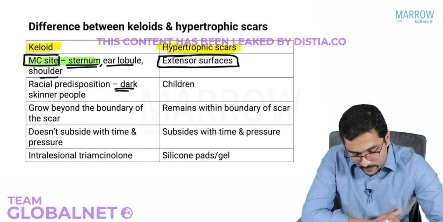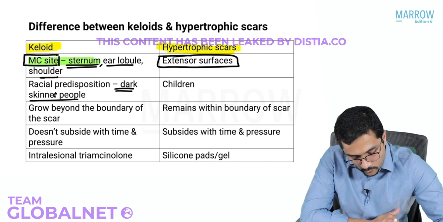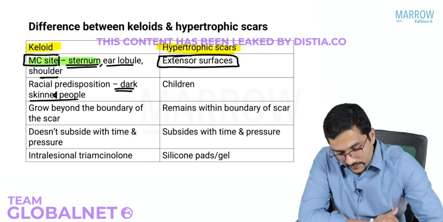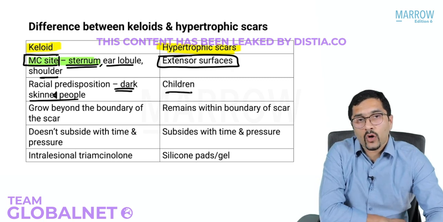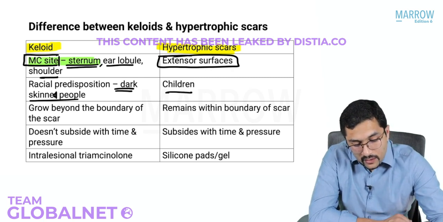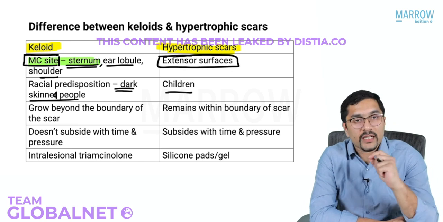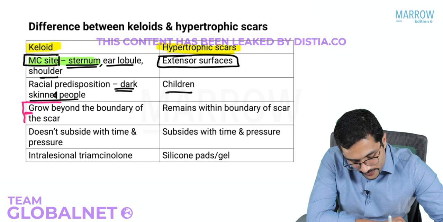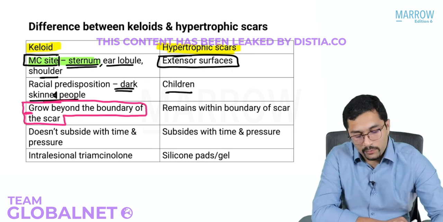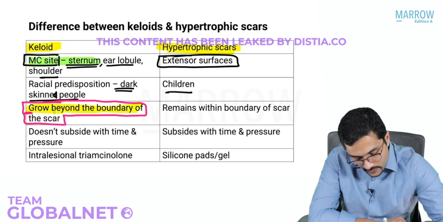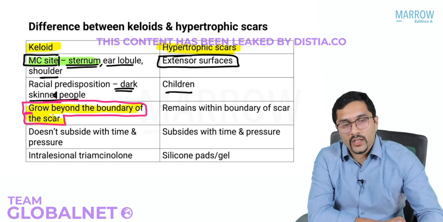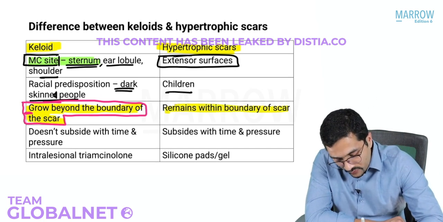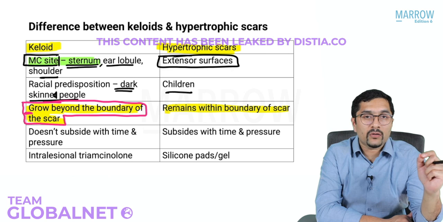Keloids, there's a racial predisposition, more common in dark-skinned patients, whereas hypertrophic scars are more common in children. The main difference with which you can differentiate a keloid from a hypertrophic scar is that in a keloid, the tissue grows beyond the boundary of the scar. Whereas in hypertrophic scars, it remains within the boundary of the scar.